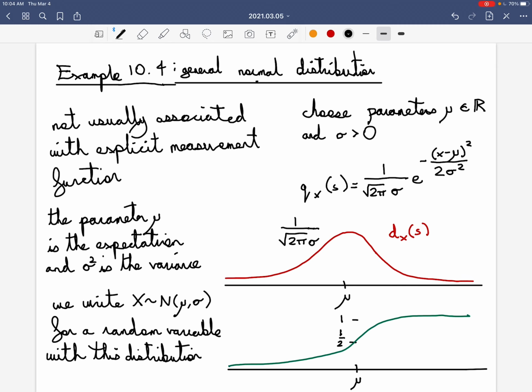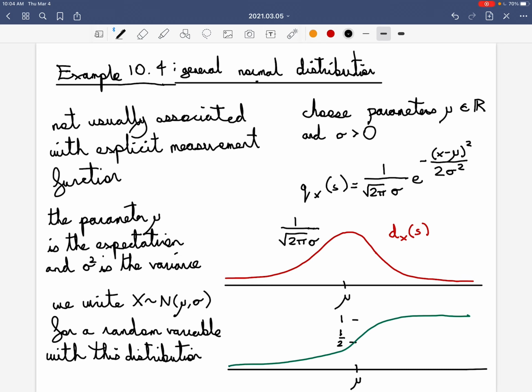Okay, so we can see another example of generalizing from a standard construction to a more general construction. And this is what we're going to call the general normal distribution.